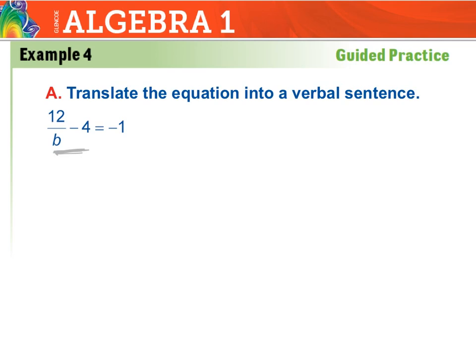So, 12 and b. So let's just say twelve. There you go. No, that is not how we spell divided. There we go. So 12 divided by a number b.